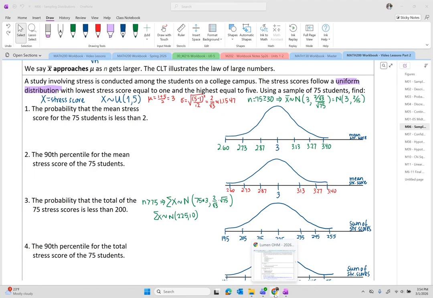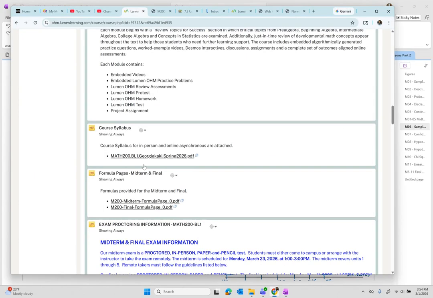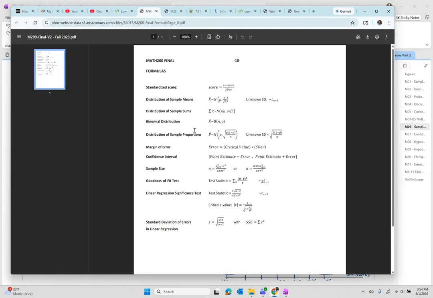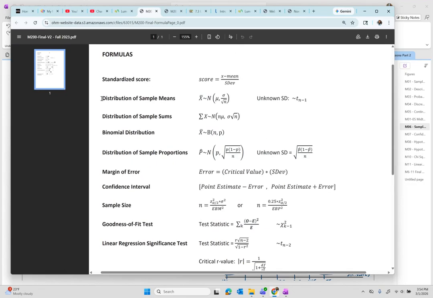In our Lumen OER course, the final exam formula page includes these formulas. Here you can see the distribution of the sample means follows a normal distribution with mean, the mean of your variable, and standard deviation sigma divided by the square root of n.